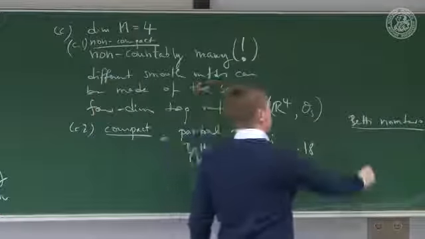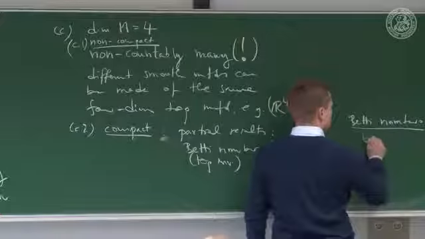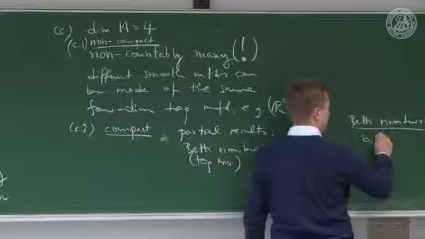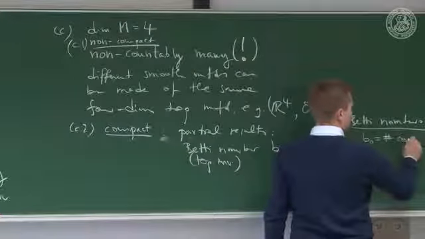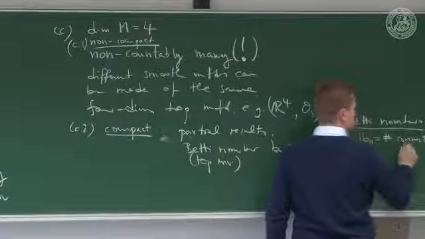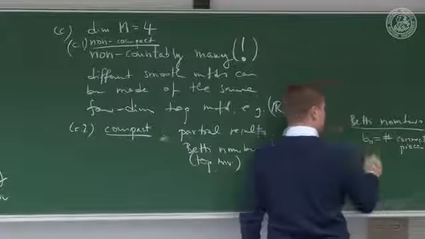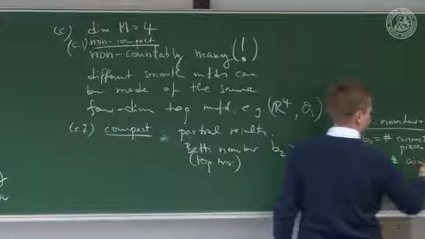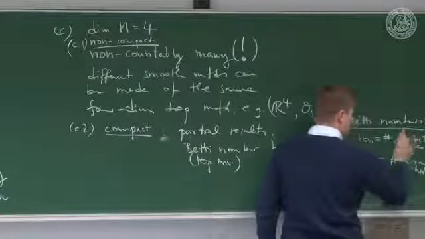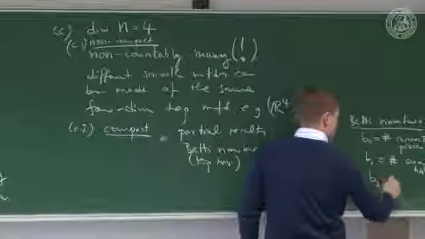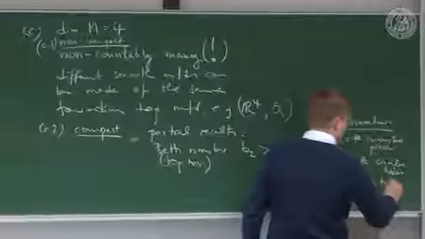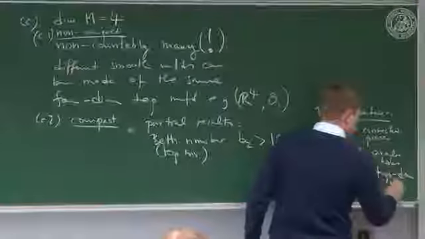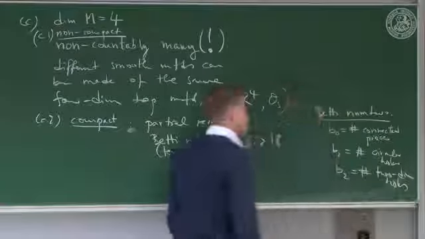homology groups, but intuitively, the zeroth Betti number is the number of connected pieces your space has. The first Betti number is the number of circular holes, or one-dimensional holes, and B2 is the number of two-dimensional holes. And that continues.